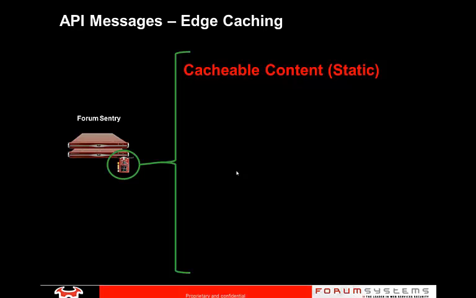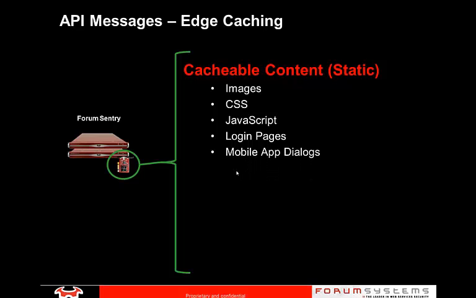There is a static nature to some of the things that are cached, such as images and CSS files or JavaScript or login pages, even app dialogues and things of that nature that are generally static in nature. However, they may have dynamic components with regard to the user information, the devices themselves, maybe iPhones versus Androids.